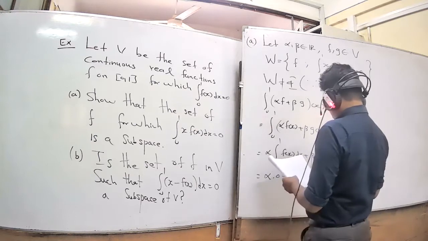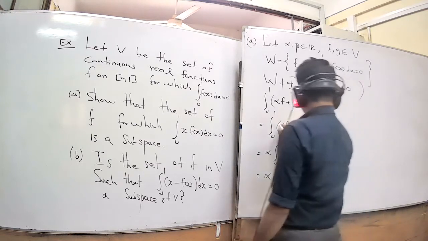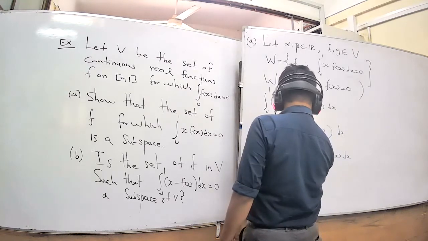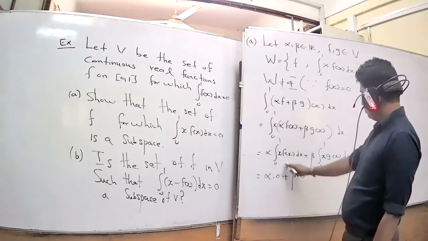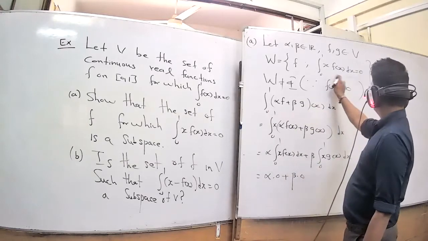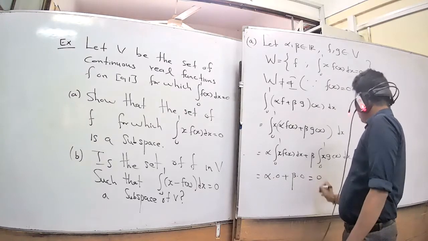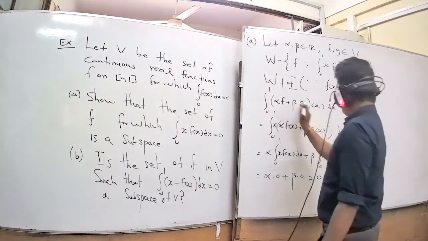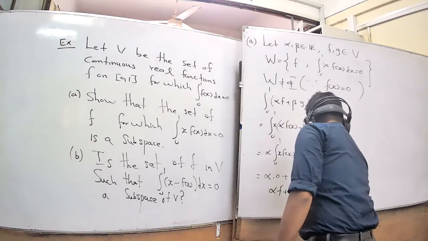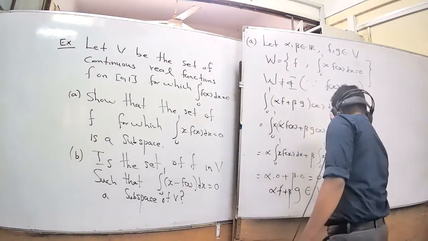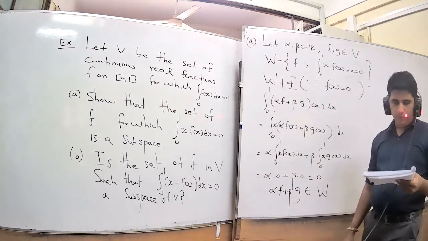Therefore, alpha f plus beta g belongs to W.